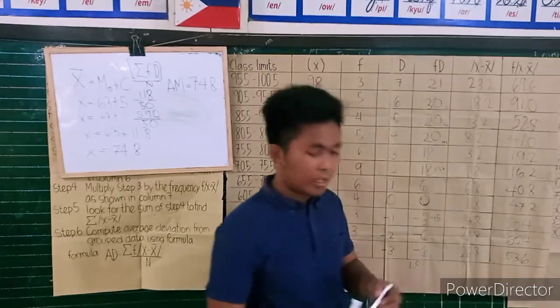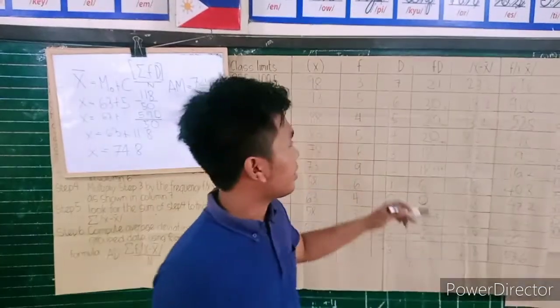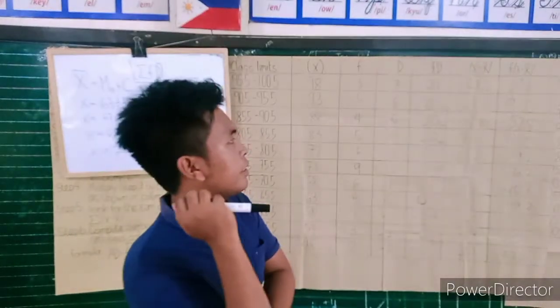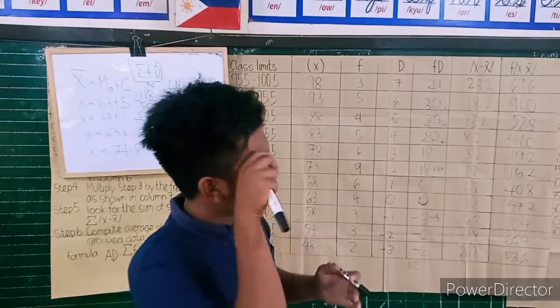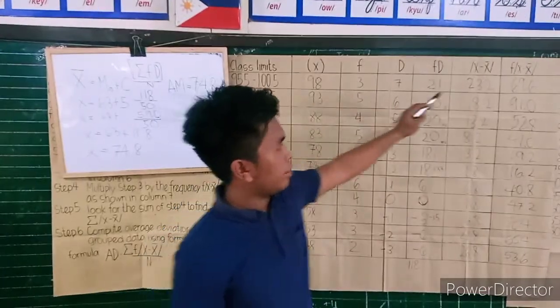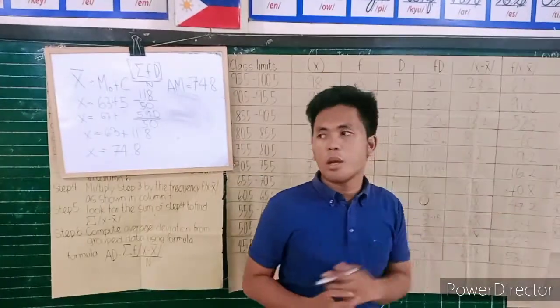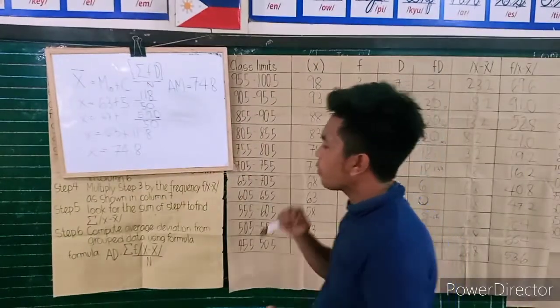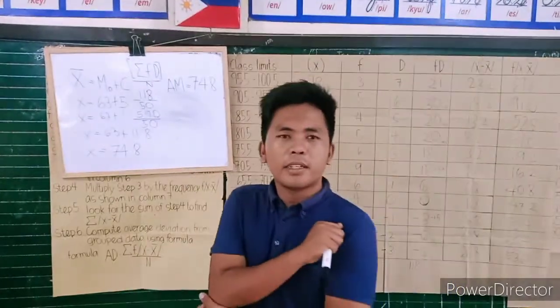Okay, so that is how we get the final column. The frequency and the midpoints minus the arithmetic mean. So that is how we multiply this frequency and the midpoints minus the arithmetic mean. We are done in step 4.